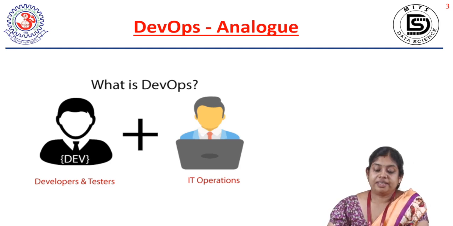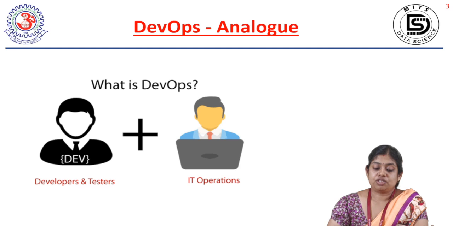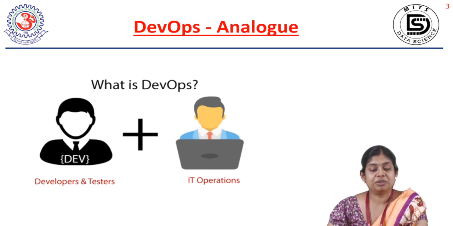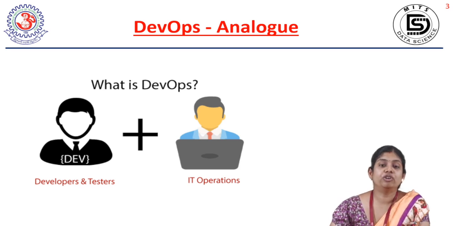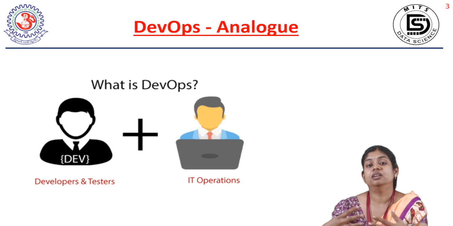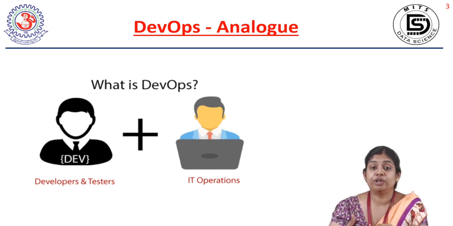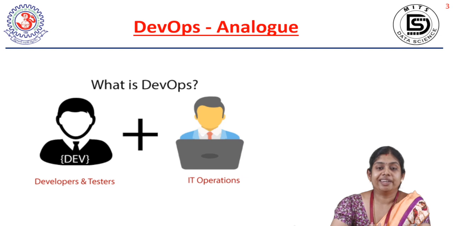So I think this will be the basic introduction, meaning how the developers and the IT operation people are going to finally collaborate with each other, so as to make your product more specific to the requirements, or more specific to the client desires.